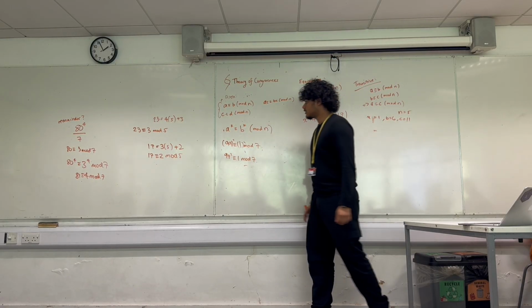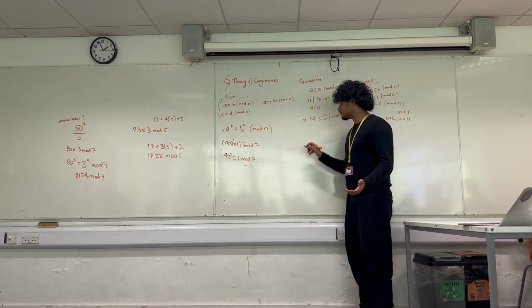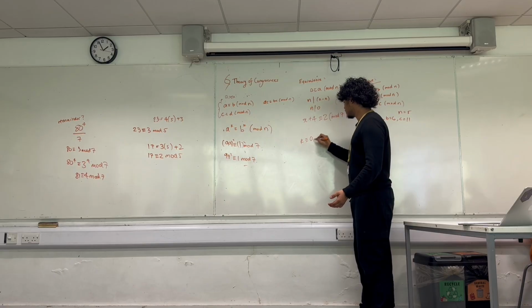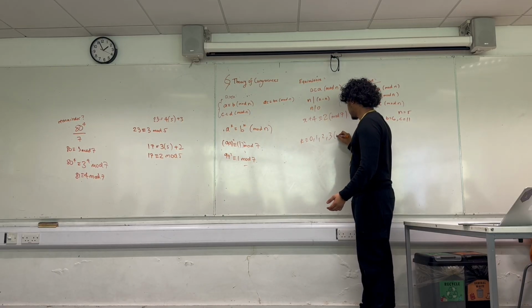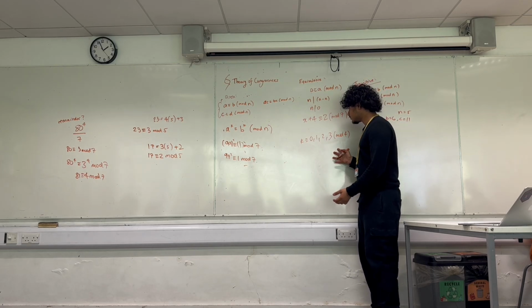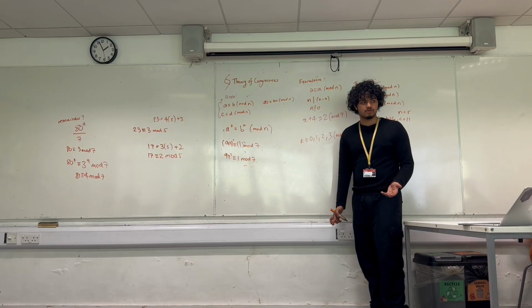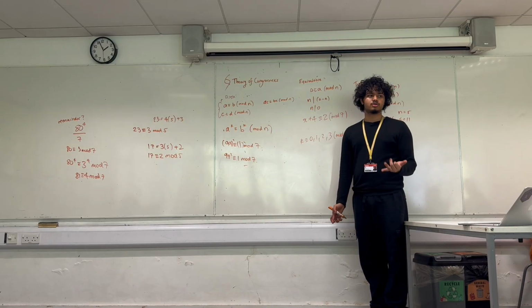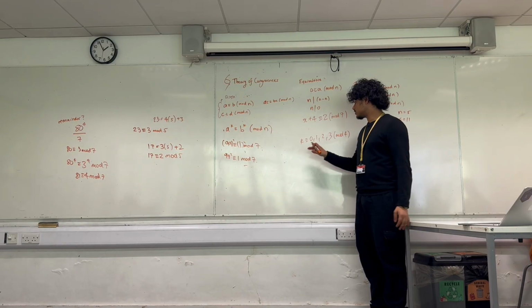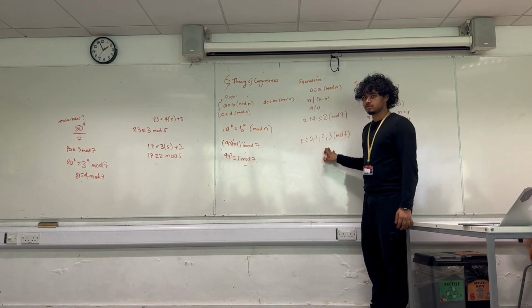As in, let's say we're working in modulo 4, any number is going to be congruent to 0, 1, 2, or 3 modulo 4, right? You agree with that, yes? Also, another way to say this is that any number, when you divide it by 4, has to give a remainder of 0, 1, 2, or 3, right? So any number is in one of these modulo classes, modulo 4.